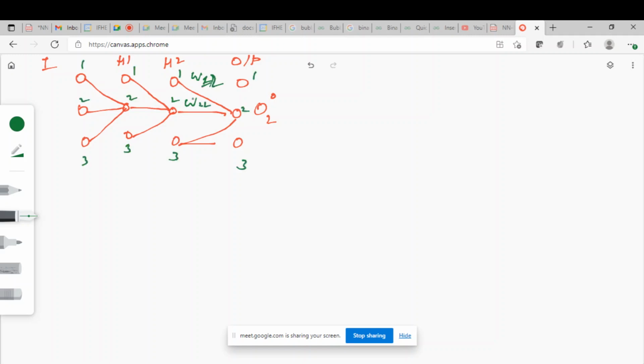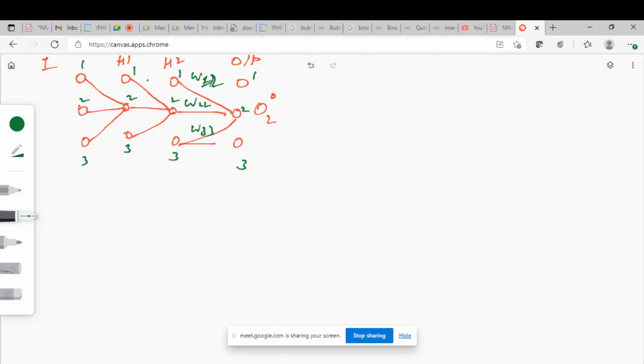This weight let us represent as W: W11, W22, W33. This weight let us represent as V as usual: V12, V22, V32. This weight let us represent as U: U12, U22, U33, right?